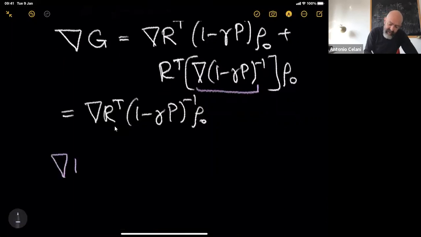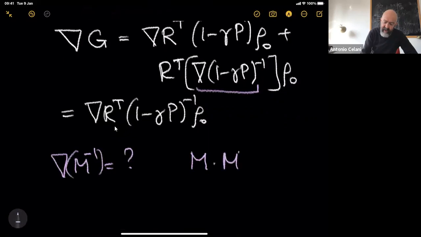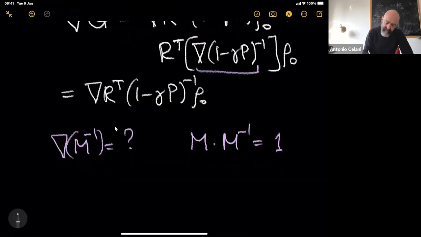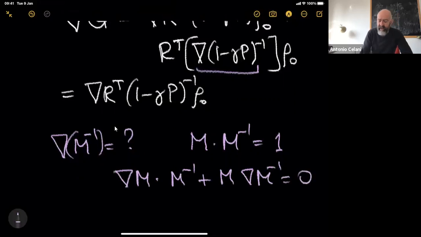In general, what is the gradient of a matrix M to the minus 1? There's a very easy way to derive this expression. You just have to realize that M times M to the minus 1 is the identity matrix by definition. That's the definition of the inverse. Then we take the gradient of both sides. This gives grad M times M to the minus 1 plus M times grad of M to the minus 1 equals 0, a matrix of all zeros on the right-hand side.